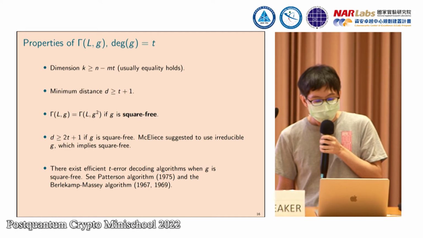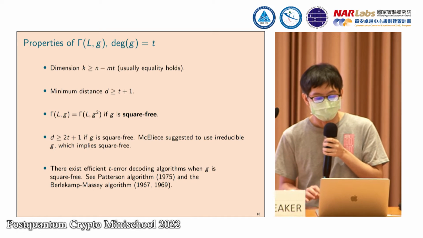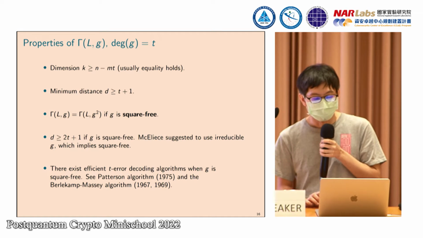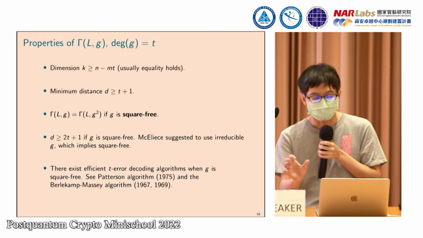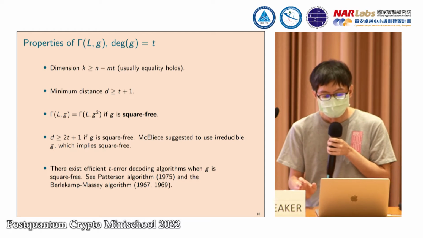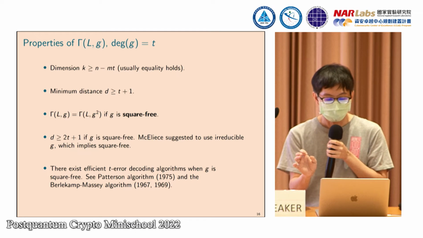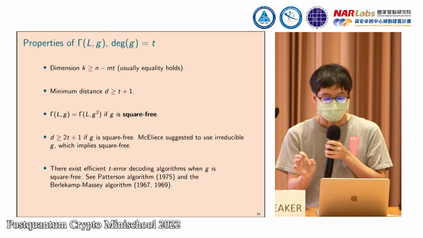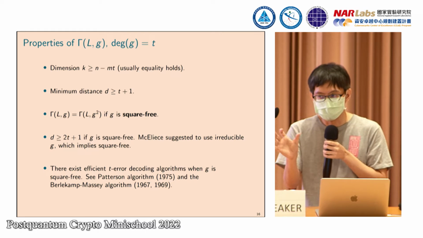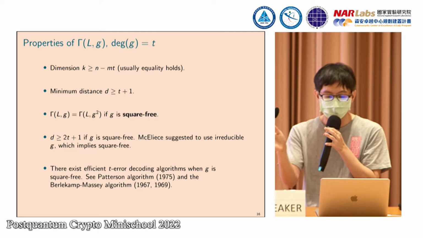And McEliece actually suggested to use irreducible G's. So he didn't say that you can just use any square-free G's. He said you should just use irreducible G's. For irreducible polynomials, the only non-trivial factor you can find is just itself.